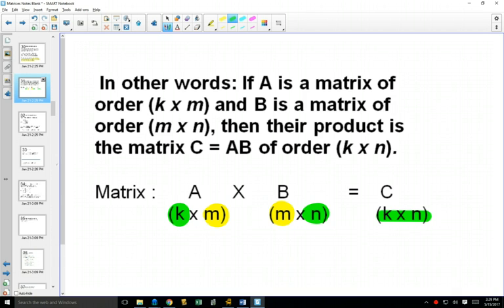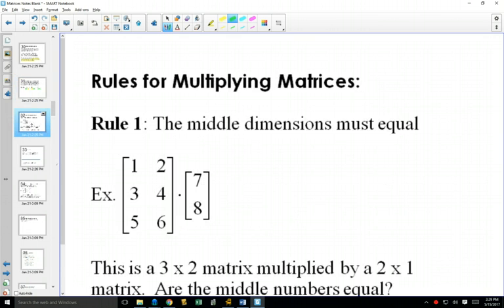So now we know if two things can multiply, and we'll know what the size of the answer is. We just don't know how to put the numbers inside of them yet. So we'll do an example. This matrix right here, this first one, is 3 rows, 2 columns. And the second one has 2 rows, 1 column.